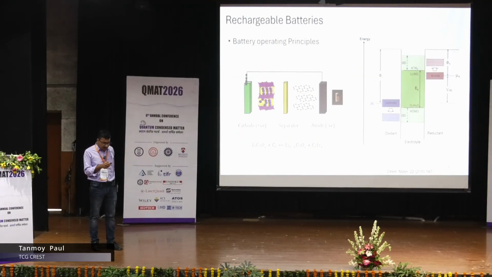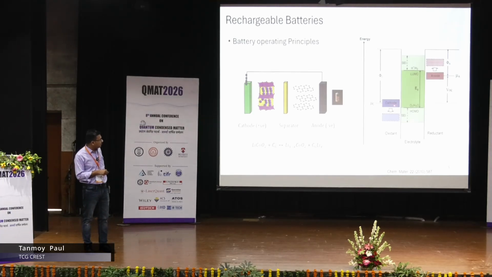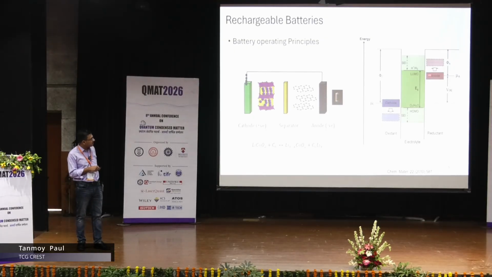Now this is the cathode part, but the solid electrolyte, or the electrolyte, is also understood in terms of the band that is shown here. As I mentioned, we have the cathode and anode, and the anode is basically a metallic system.